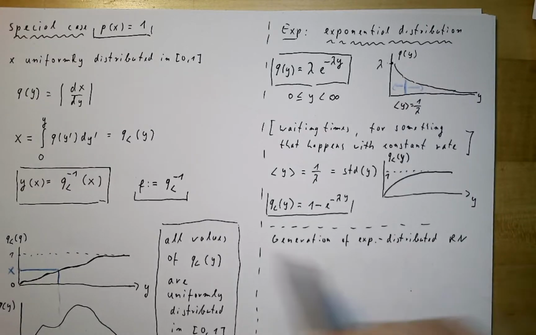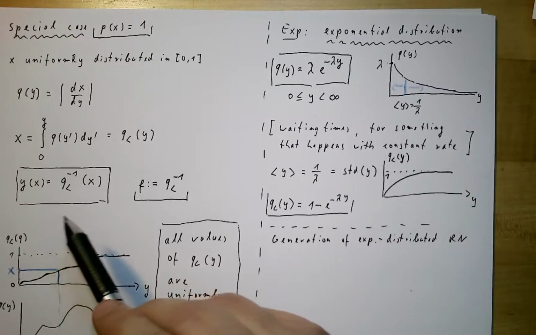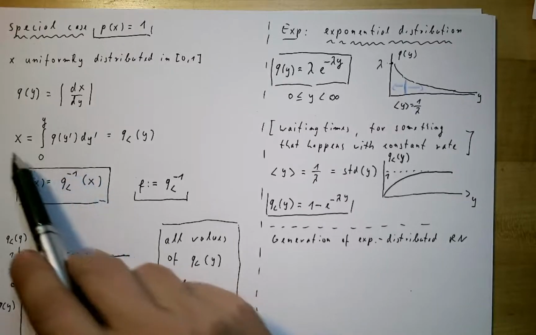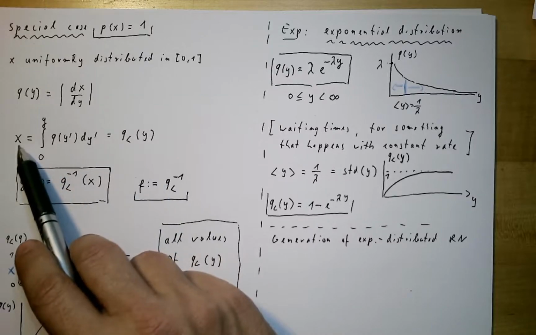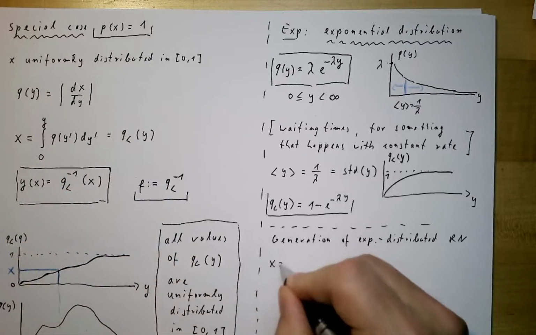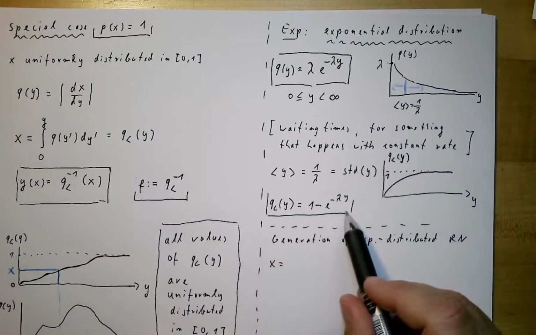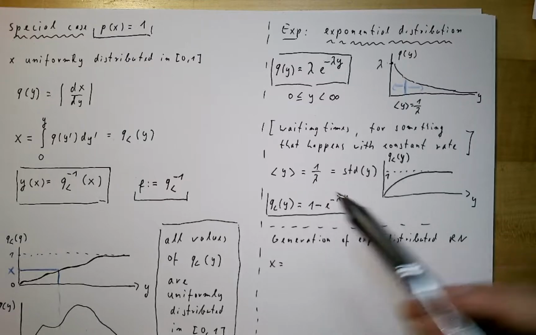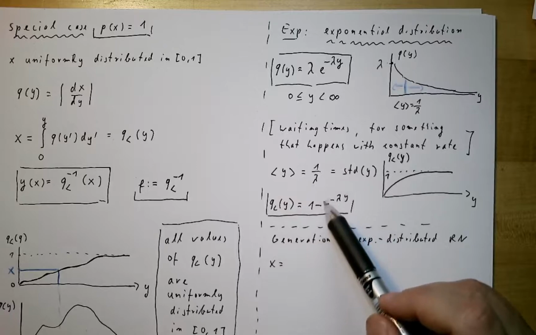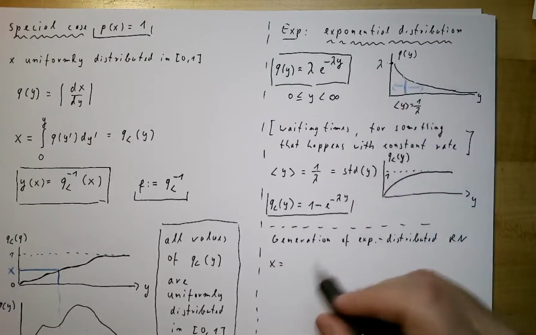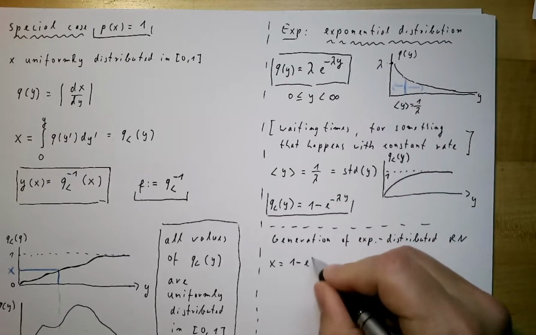And now we just use the formulas that we have seen here. We can maybe best use this formula here: x equals the cumulative distribution. I told you in the exercise you will learn how to calculate the mean, deviation, cumulative distribution and properties of this exponential distribution. So for now I just take this.